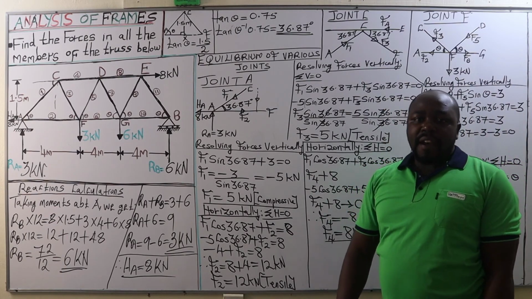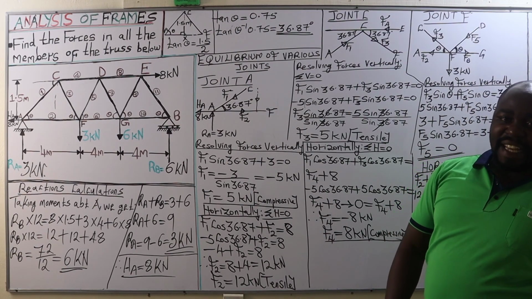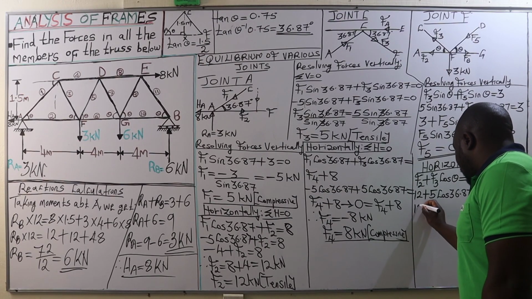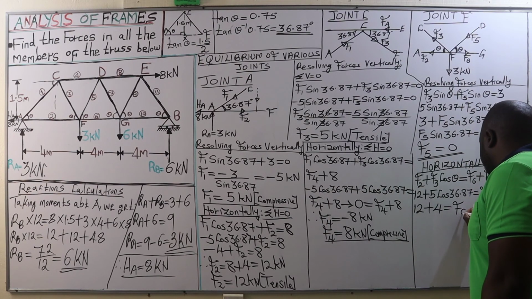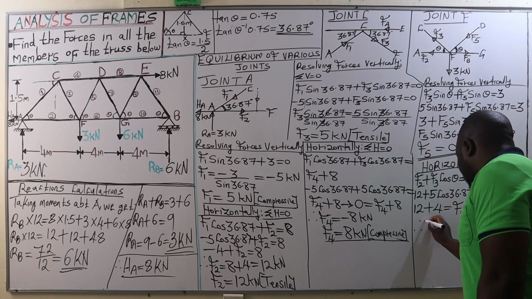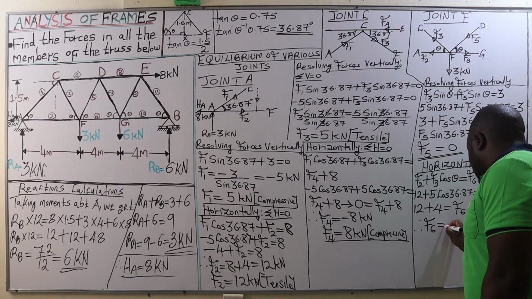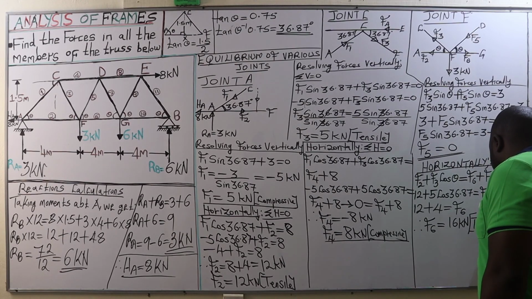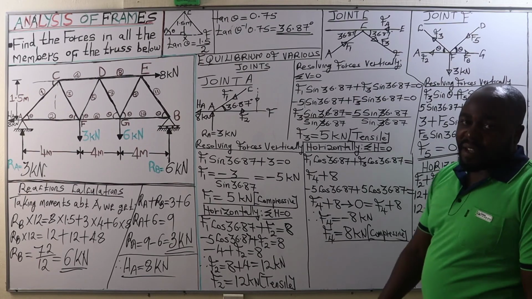Now 5 multiplied by cos 36.87 happens to be 4, therefore 12 plus 4 is equal to F6, and therefore the value of the force F6 is going to be 16 kilonewtons, and that force being positive, that is going to be a tensile force. Very good.